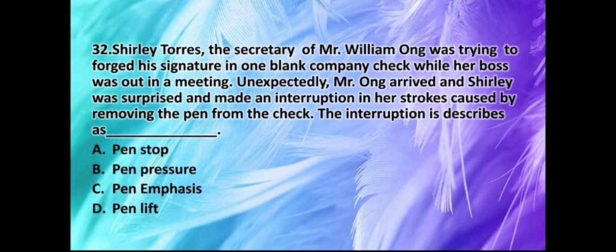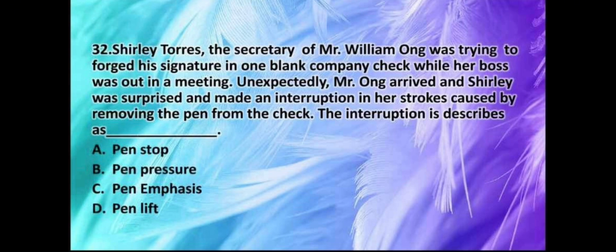Interruption described is the answer of this, letter A, Alpha, pen stop. So ang keyword dito is interruption, okay? To make an interruption in her stroke caused by removing the pen from the check. So ito ang answer nun ay pen stop.